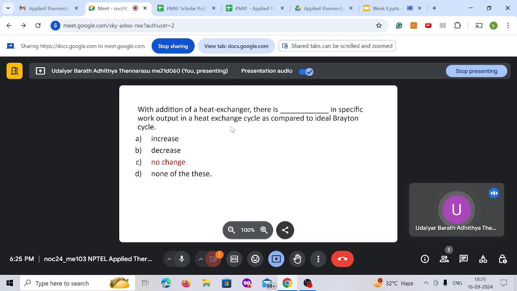So employing a regenerator, what happens is you have two streams passing. One is the gas which is coming out of the expansion turbine, which is losing heat, and it is heating the incoming fluid which is going to the combustion chamber. So this is the process which is happening in the regenerator.